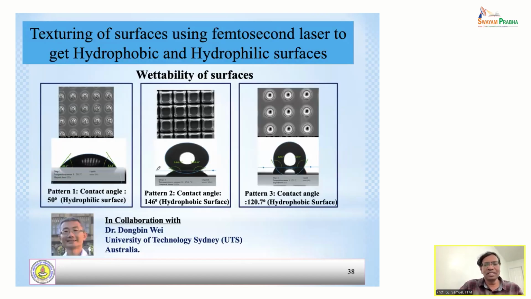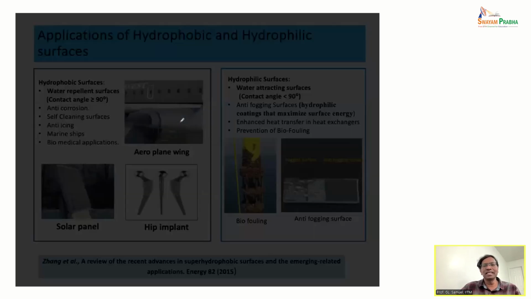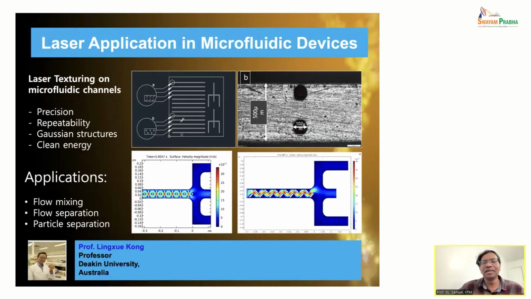We also have a collaboration with the University of Technology, Sydney, UTS, where one of my students, Shrikant, is working on this project for producing different types of textures, and then seeing how the properties of the surface change from hydrophobic to hydrophilic. There are several applications of it, which we'll see a bit later.